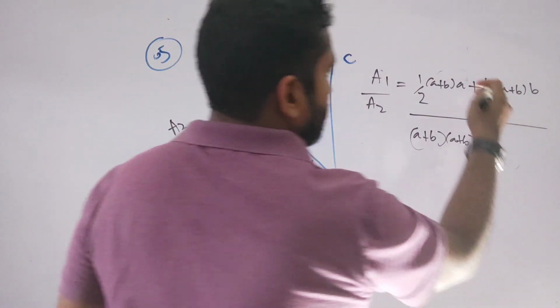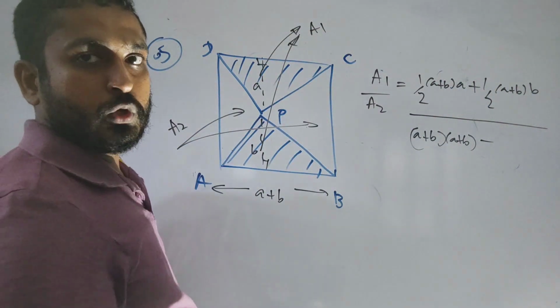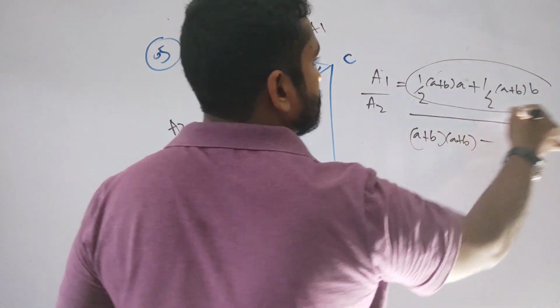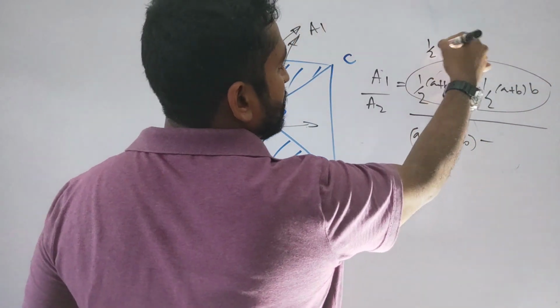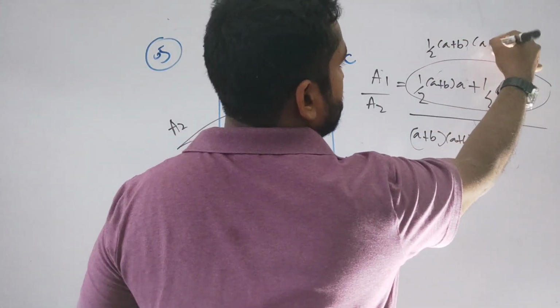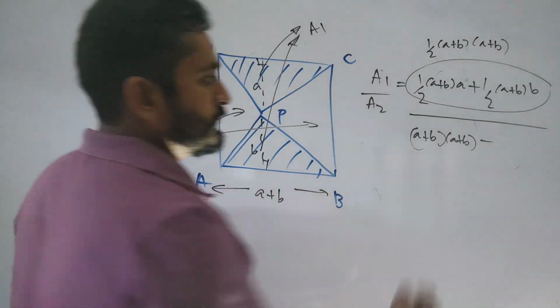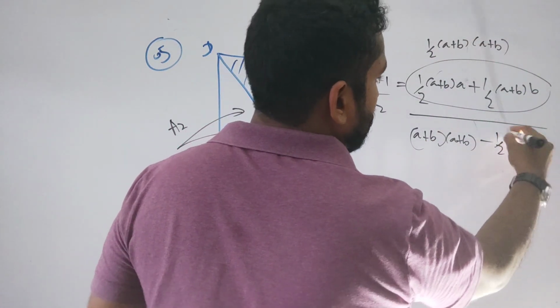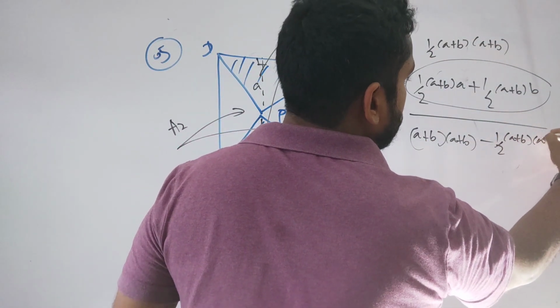So minus the same thing, the addition of those two. By looking at this addition, you can see half into A plus B is common. So again it is going to be A plus B. So minus the same thing, half into A plus B, A plus B.